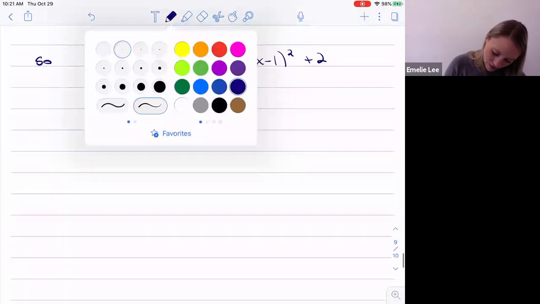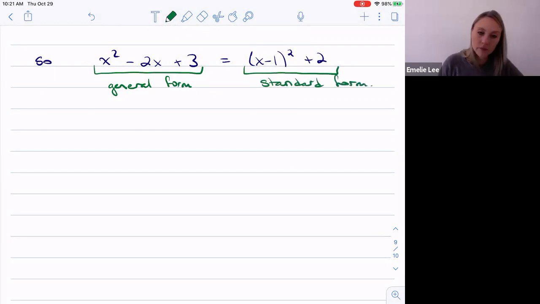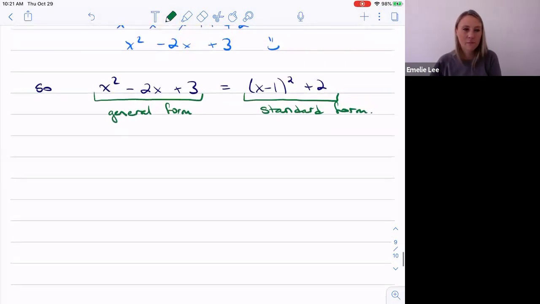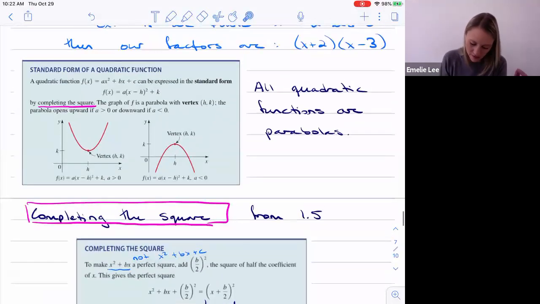This is what we call the general form, and this is the standard form. So that was part A of the question that we're doing. We've landed on the standard form of this thing. Now, from our little blurb, we've got something in the standard form.